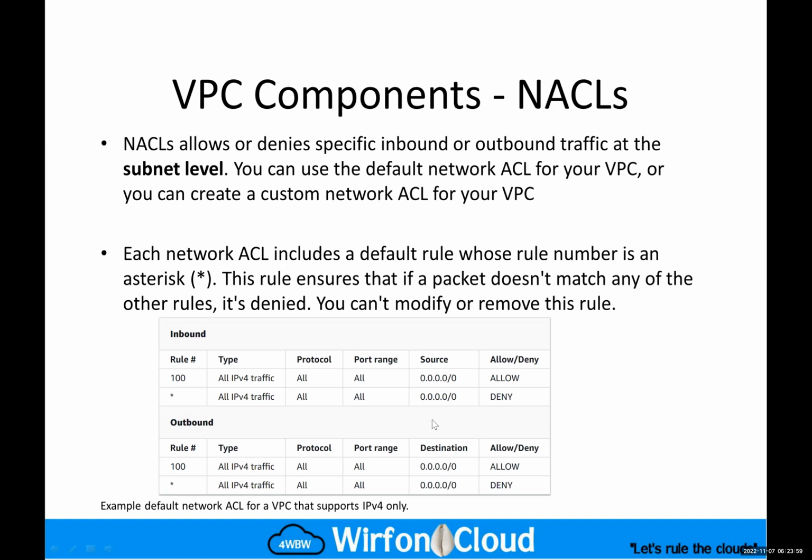The CIDR blocks in the outbound rule and the destination are for things outside. So for the inbound rule, this is from something outside, and for outbound rules, this is for something outside too. So it does not have anything to do with the CIDR block of the subnet. These are separate CIDR blocks.